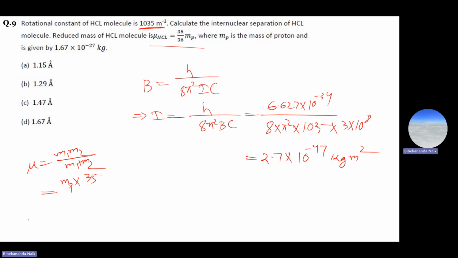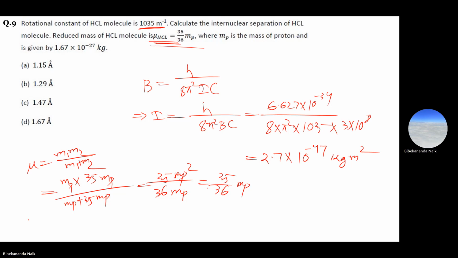So it will be mass of proton into 35 mass of proton divided by mass of proton plus 35 mass of proton. This is 35 Mp square divided by 36 Mp. It will be 35 by 36 mass of proton. So if you put these values, you can easily calculate the intermolecular separation of HCl.